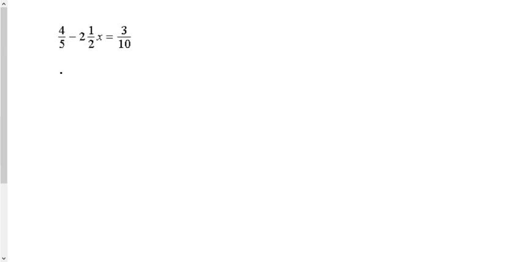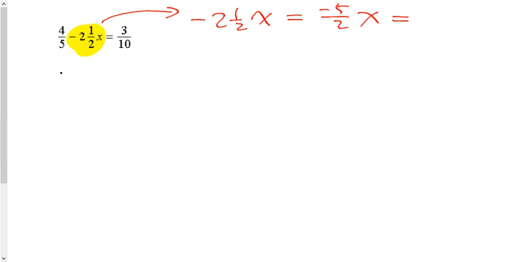Third question. Before we start this, when you have mixed fraction coefficients, or in this case, negative 2.5 as a coefficient, generally speaking, it's best to rewrite it. Considering that all of the following are true, this is the same thing as negative 5/2 x, which is the same thing as, since it's multiplication, negative 5x/2.